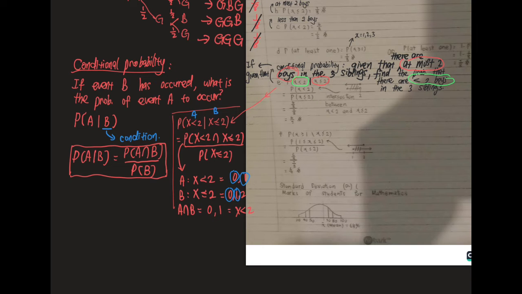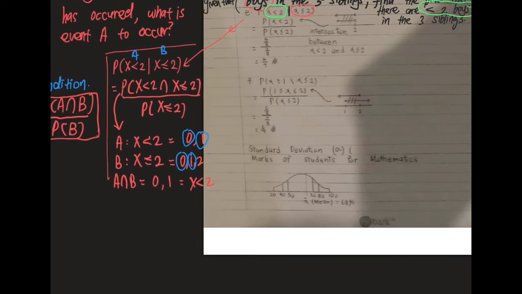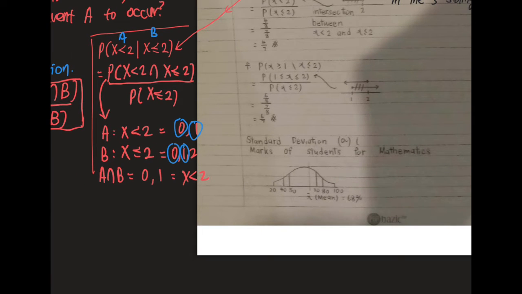Okay, so we see F. F is again a conditional probability. You see it's like P(X more than or equal to 1) with a condition. How is this condition line supposed to look? It's supposed to be a vertical line, not like this.